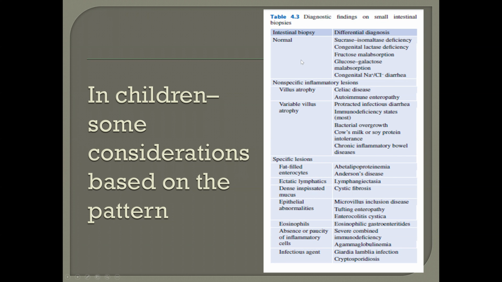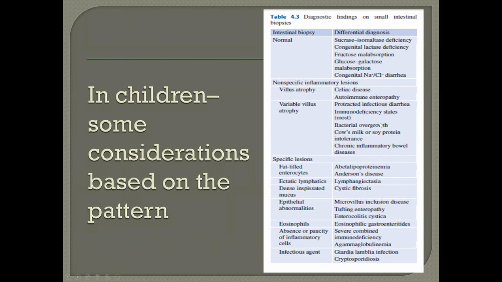So with a normal pattern, there's a variety of malabsorptive or deficiency syndromes that can have very normal histology. With mild inflammatory disease, celiac disease can be present, or autoimmune enteropathy, with variable atrophy.